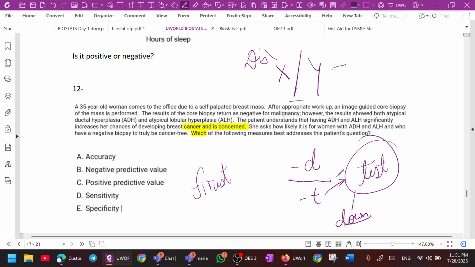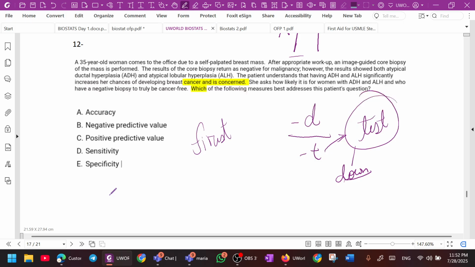So which one is upwards, which one is downwards? How do you remember things? This is the switch, just the switch. The test is upwards and disease is downwards, so that's why it is specificity. In sensitivity and specificity, test will be the numerator, test up.